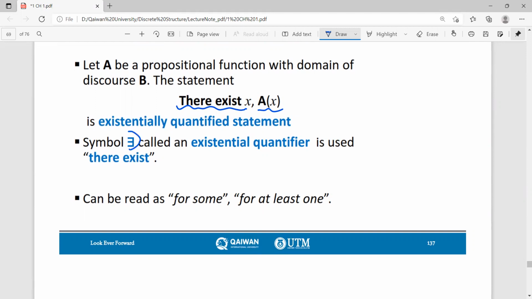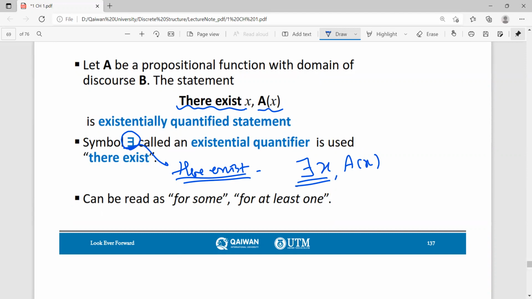Here we use this symbol for the existential proposition. It means there exists. You say there exists x, A of x.